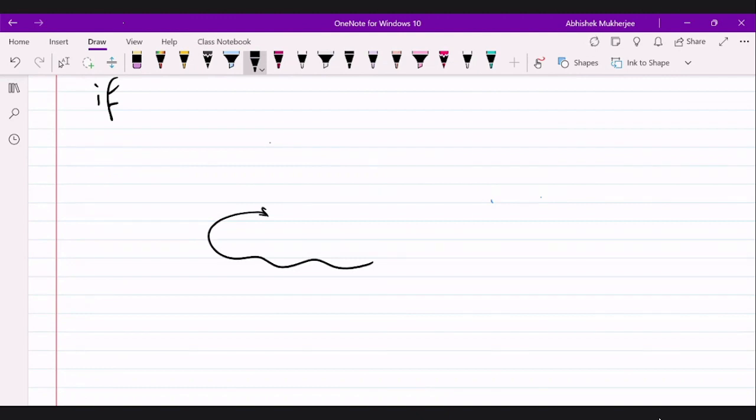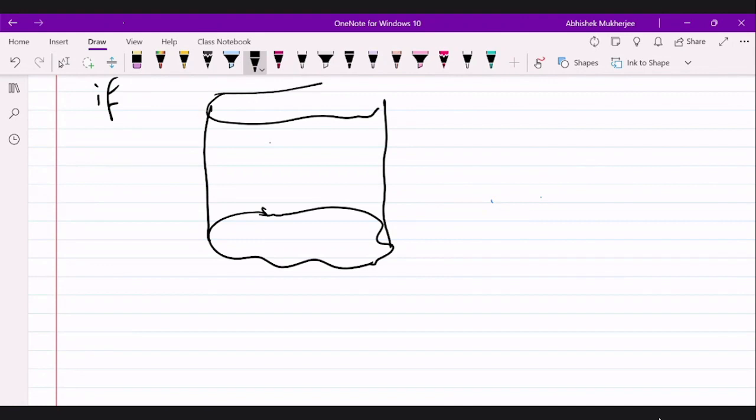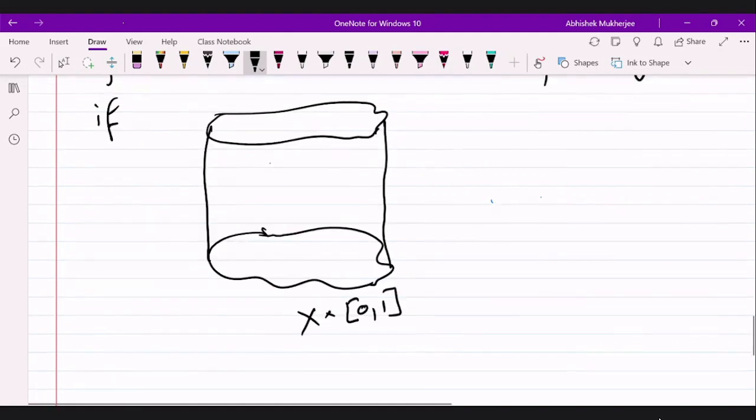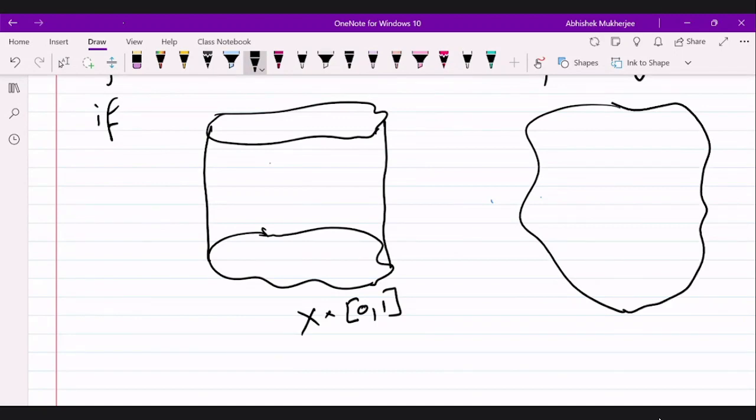That means, let us draw. So this is X cross [0,1]. I'm taking the closed unit interval here. And let us take Y here.